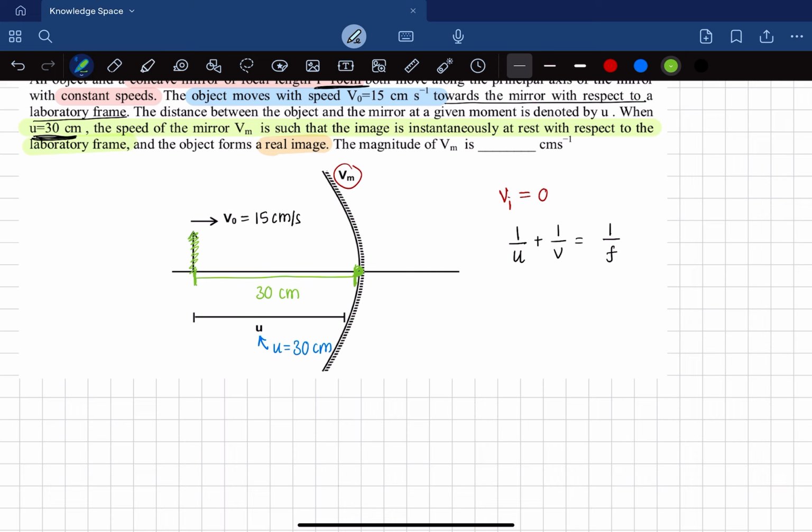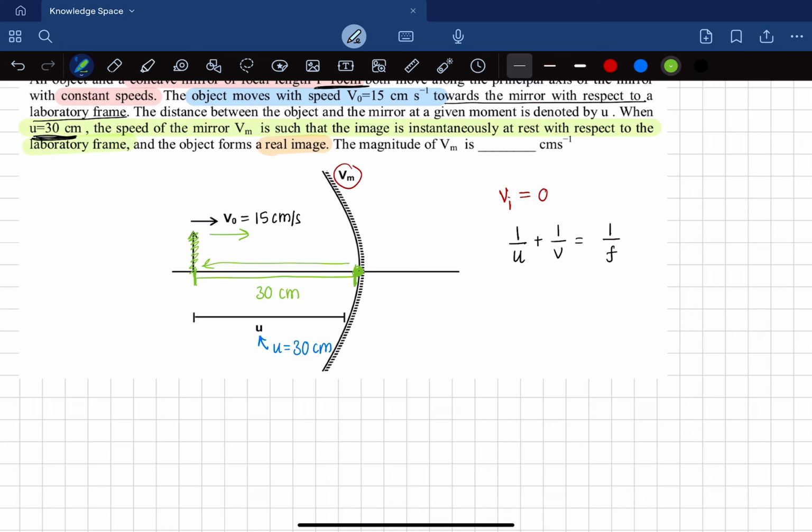And if we are using sign convention here, light travels in this direction, but we are measuring from the pole to the object. So remember, in sign convention, the direction in which the light is going is the positive direction. The opposite direction is negative.